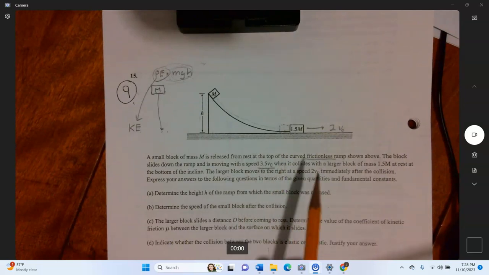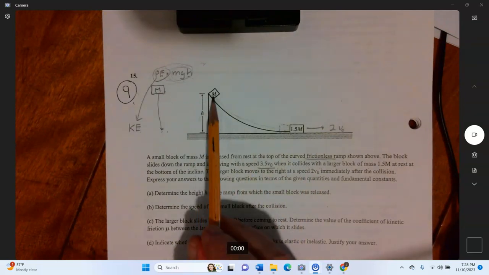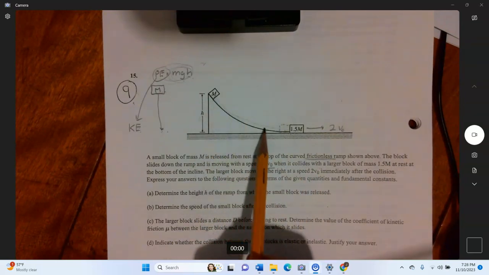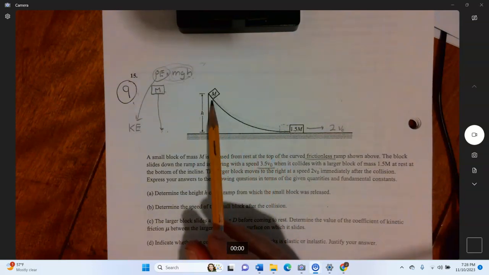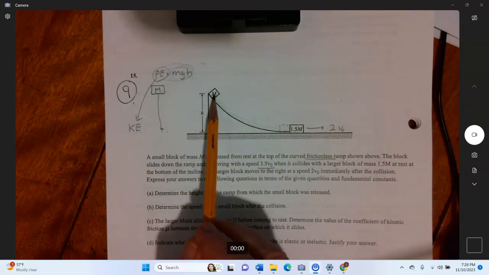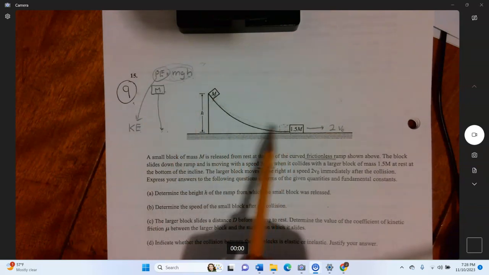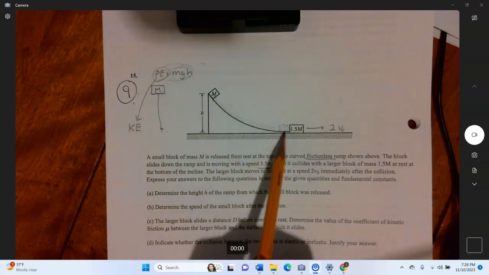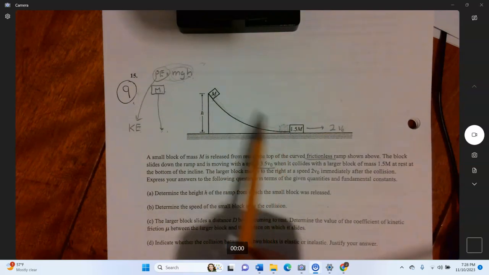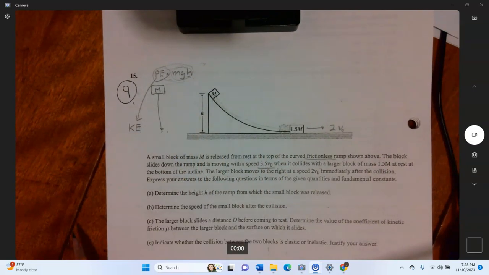And the answer is the same thing. If it's frictionless, it doesn't lose any energy sliding down the ramp. That's what frictionless means. So it has all of the energy that it had as potential energy up here, it has down here. All the ramp did was change its direction, but it still has the same amount of kinetic energy that's equal to the amount of the potential energy up here.